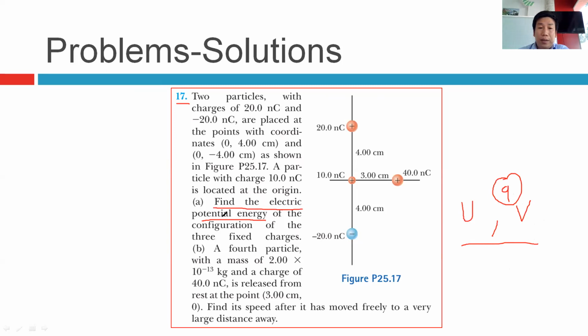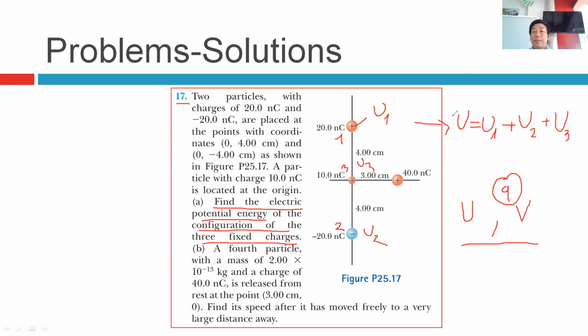They ask for the electric potential energy of the configuration of the three charges. If I call them charge number 1, number 2, number 3, you need to find U1, U2, U3, and the electric potential energy of the system is equal to U1 plus U2 plus U3.